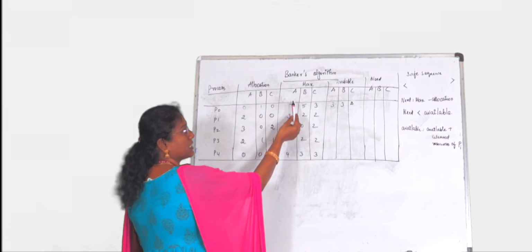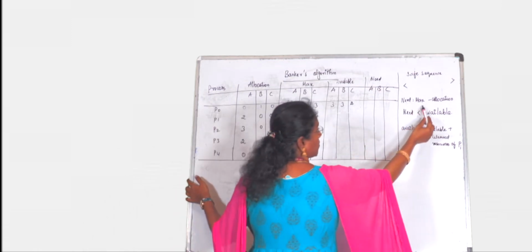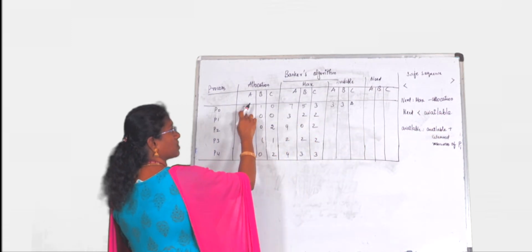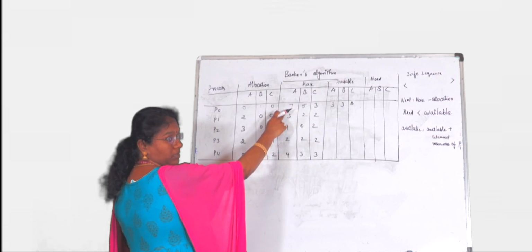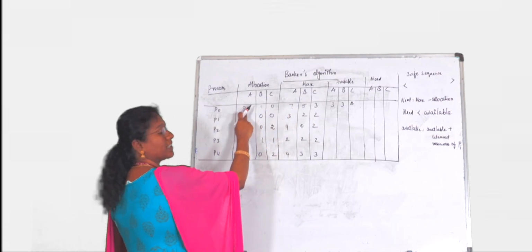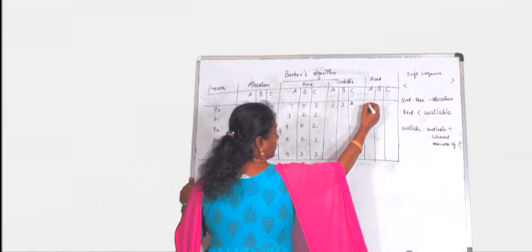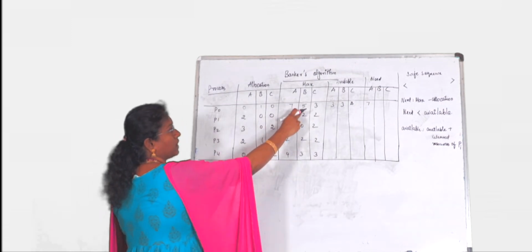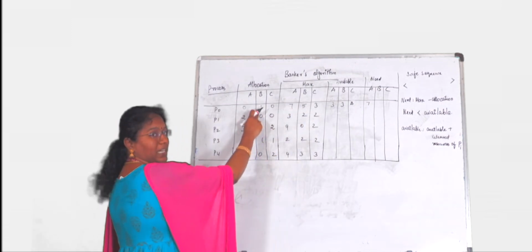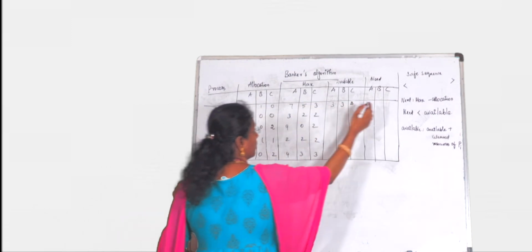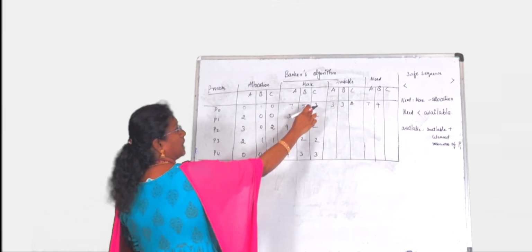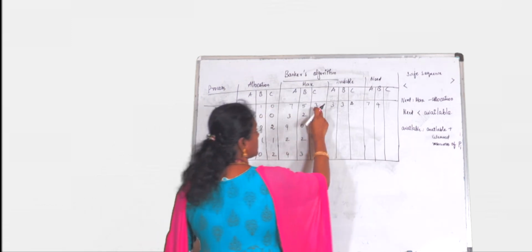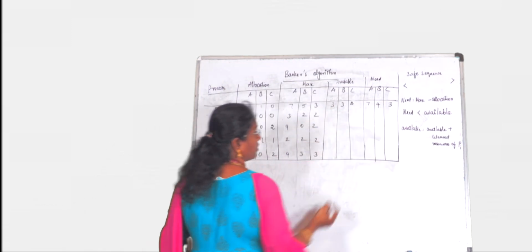So it needs 7. Next, for B, 5 is the maximum and 1 has been allocated, so it needs 5 minus 1, which is 4. For C, 3 is the maximum, and how many have been allocated? 0. So it needs 3 minus 0, which is 3.